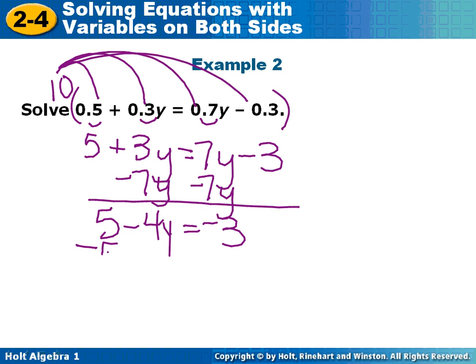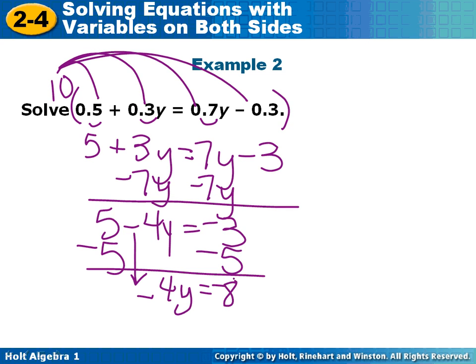Move the 5 to the right. Don't forget your negative. Negative 4y is equal to negative 8. Divide both sides by negative 4, and y is equal to 2.